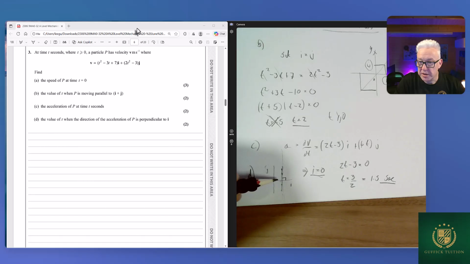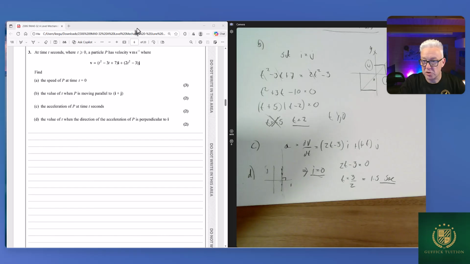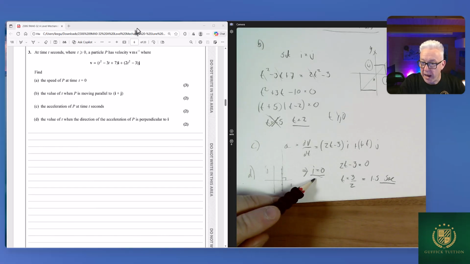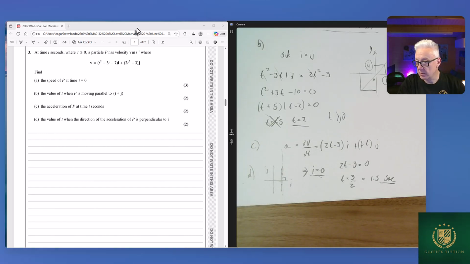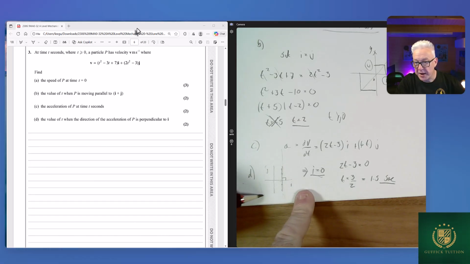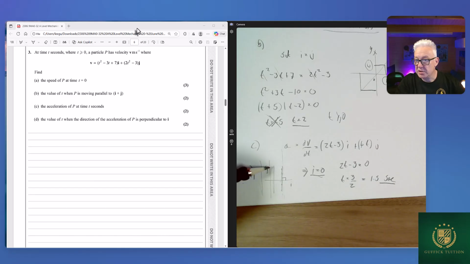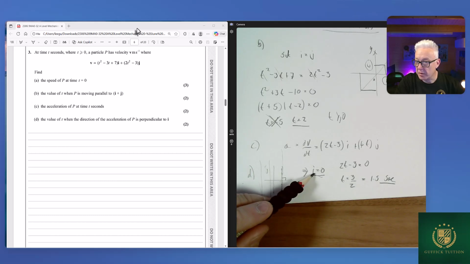The direction that it's going straight up or straight down, and something can only be going straight up or straight down when the i component is 0. So when they say that it's moving in a direction that's perpendicular to the i axis, it doesn't matter where it's happening, it's to do with the vector of its motion. And the vector controlling its motion, if it's going straight up and straight down, has a 0 i component.